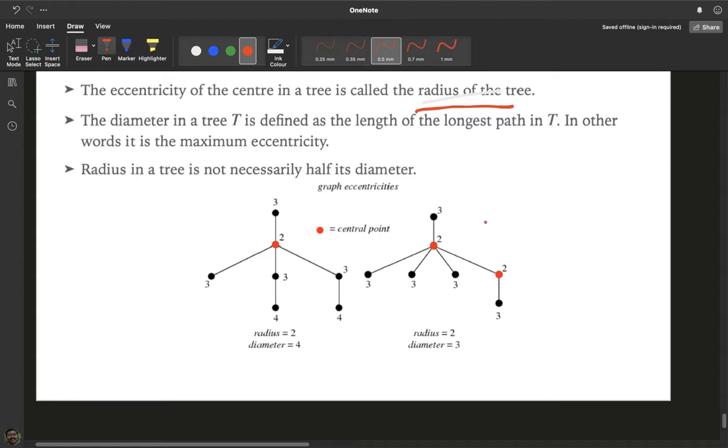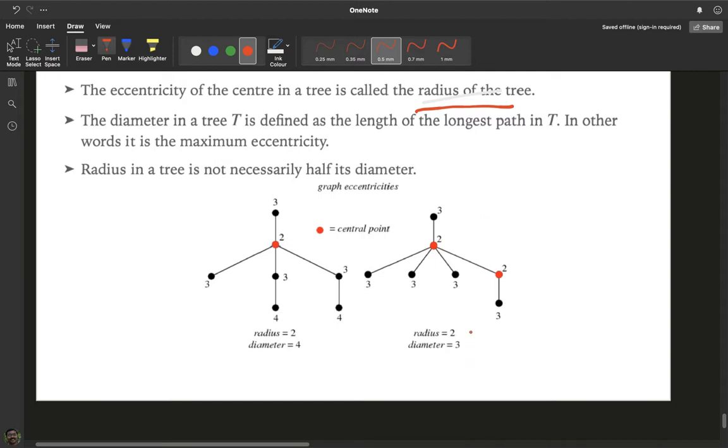Why? Because in a tree there can only be one path between two vertices, so that longest path will actually be the only path between those two vertices. So it will actually be the eccentricity of those two vertices. So we can see that the diameter we can also define as the maximum eccentricity. Okay, so radius is the minimum eccentricity, and diameter is the maximum eccentricity.